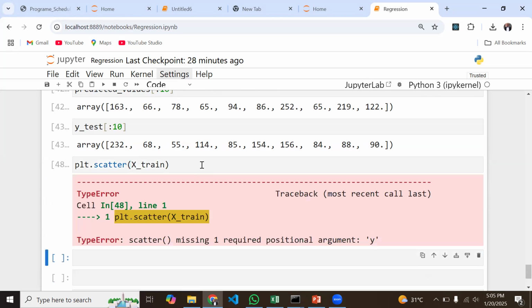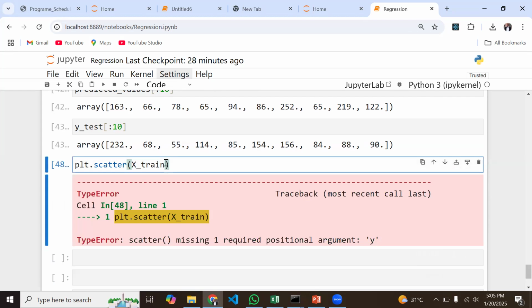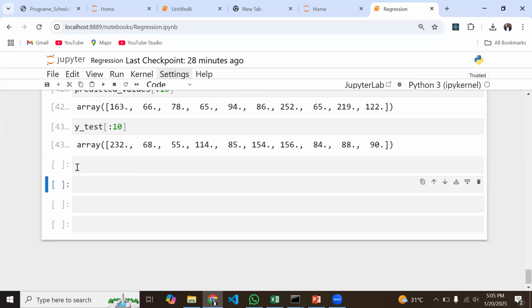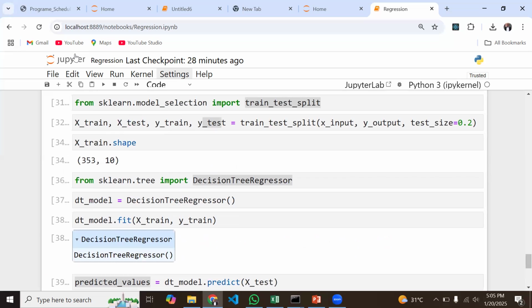Let me see the issues of the shape. We have something like this.